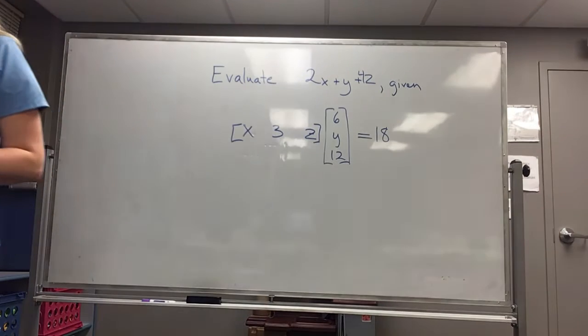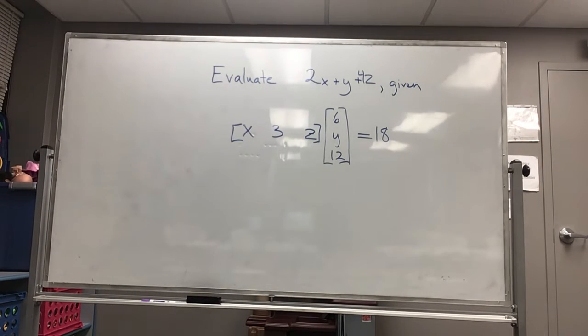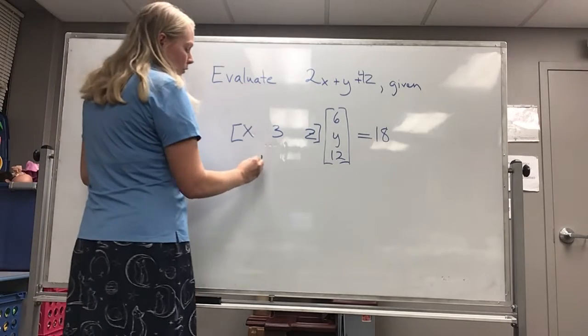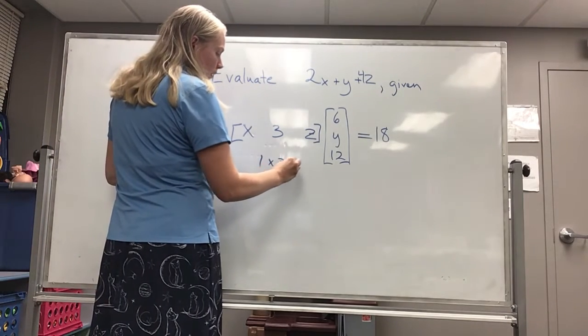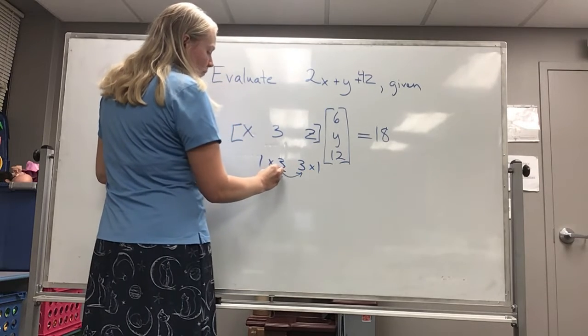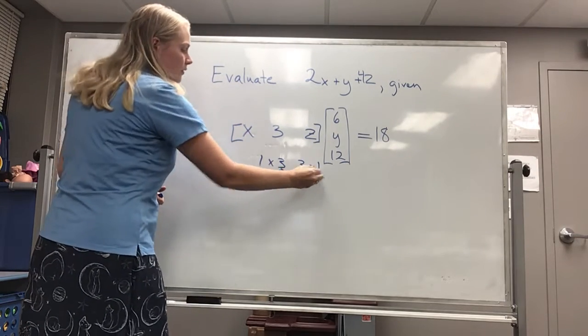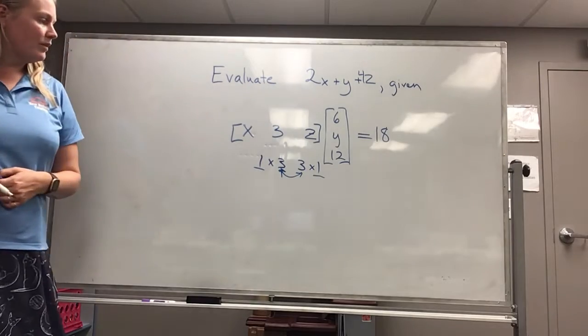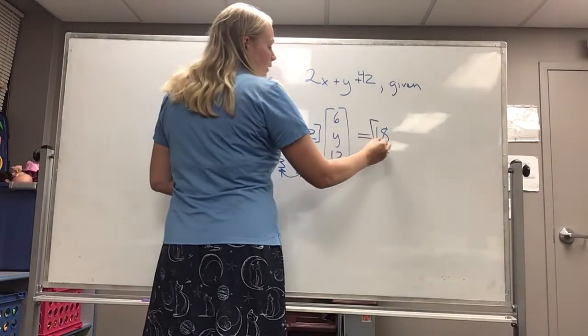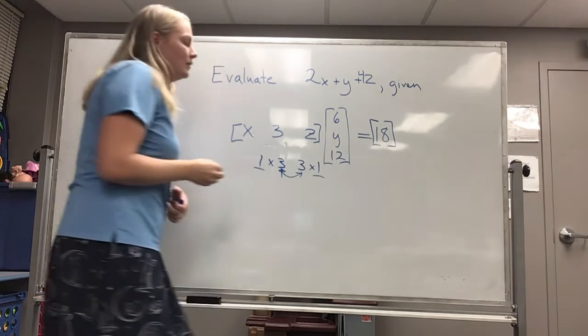Because those inner dimensions are the same, we are able to multiply them. So 1 by 3, 3 by 1. This makes it possible, and this tells us how big our answer will be. We will have a matrix of size 1 by 1, and they already give us that the answer is 18.